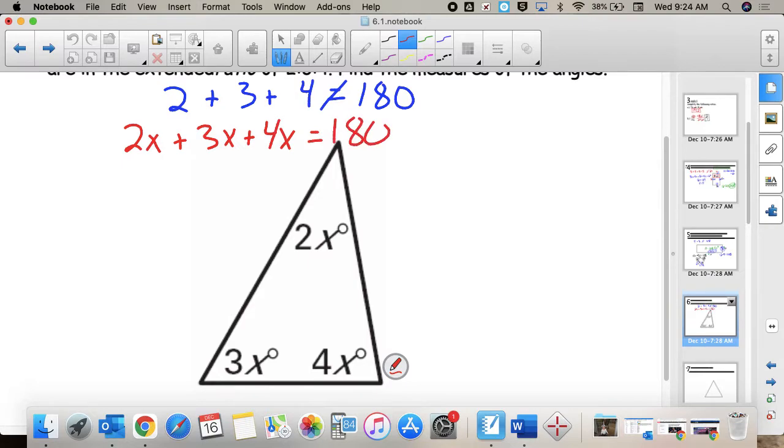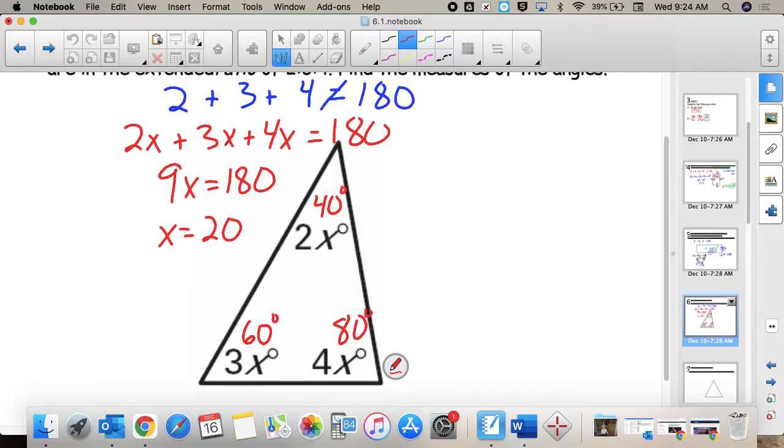When I add these together, we get 9x equals 180. So when we divide, we find x to be 20. That is my multiplier. 2 times 20 is 40. 3 times 20 is 60. 4 times 20 is 80. So there are my 3 measurements of my angles then.